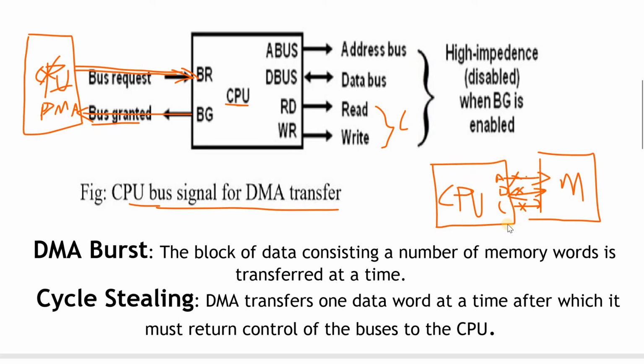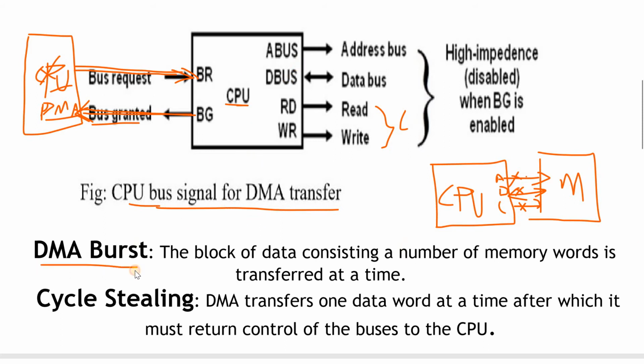There is no CPU involvement on these buses, address, data and controls. The CPU is freed from control of these buses, and the DMA controller controls them. After providing these three buses, the CPU provides one more acknowledgement signal to the DMA, that the bus is granted. This is the way we transfer data from an IO device to memory or memory to an IO device.